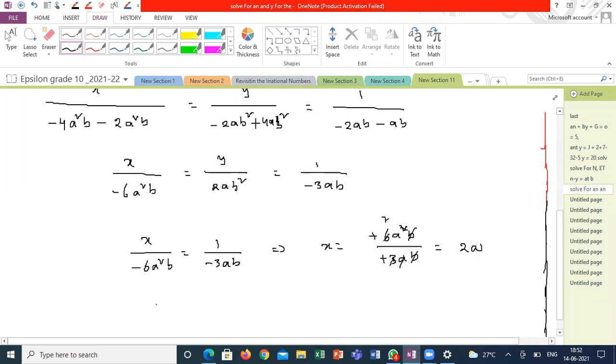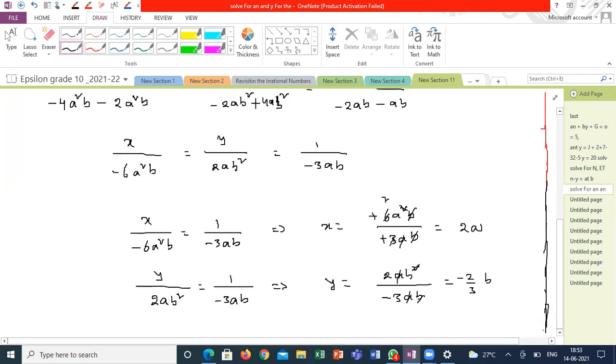So x is equal to 2a. Y divided by 2ab square is equal to 1 by minus 3ab, which will be y is equal to 2ab square divided by minus 3ab. A cancel, 1b cancels, so the answer is minus 2 by 3b.